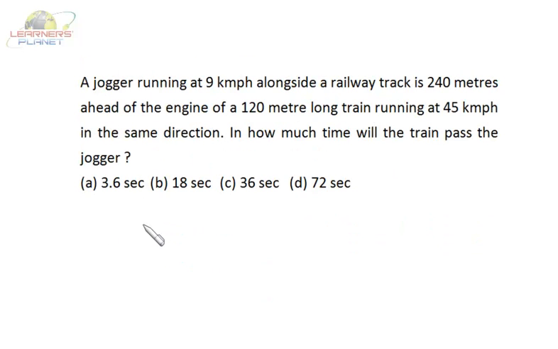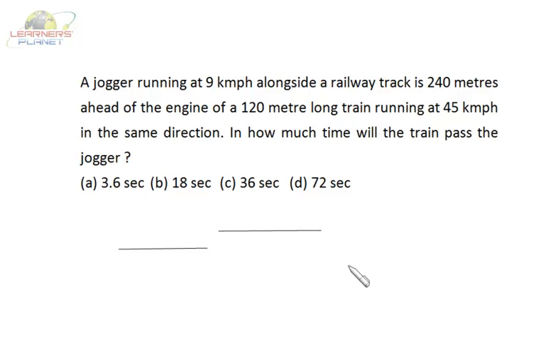A similar problem: a jogger running at 9 km per hour alongside a railway track is 240 meters ahead of the engine of a 120 meters long train running at 45 km per hour in the same direction. In how much time will the train pass the jogger? Just draw the diagram of it.